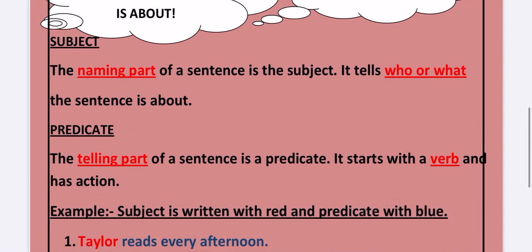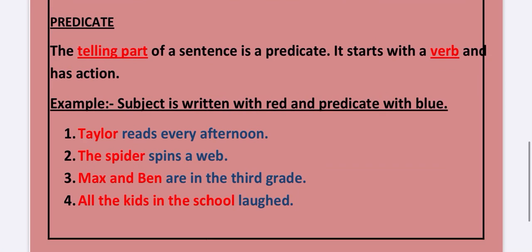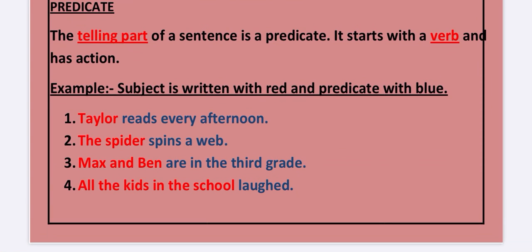Now let us look at some examples for your clarification. I have written some sentences in which subject is written in red and predicate in blue. But first understand why. First example is Taylor reads every afternoon. Now students, two questions you have to answer.